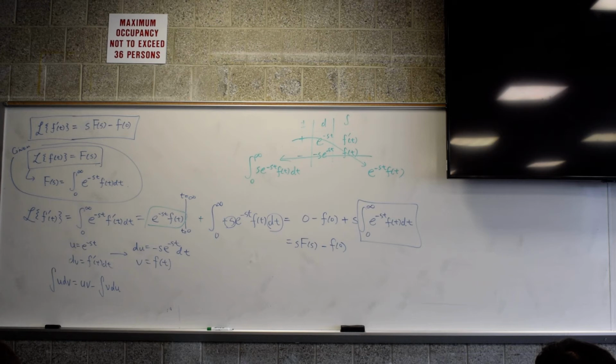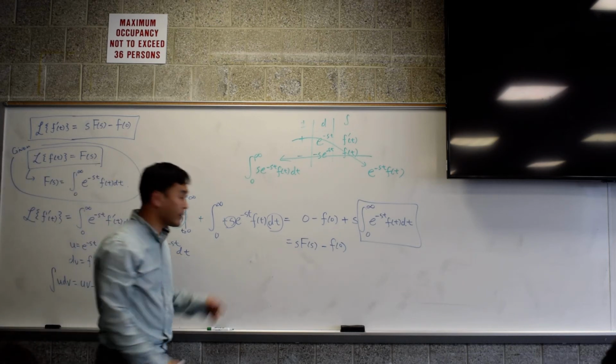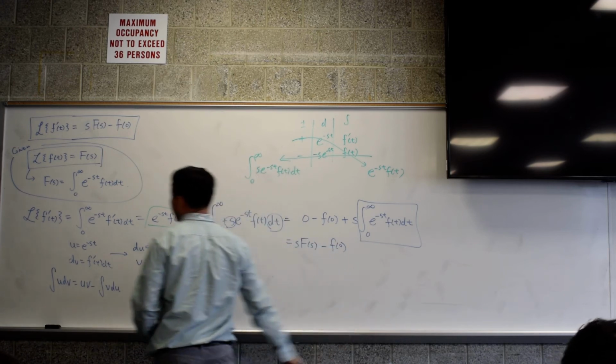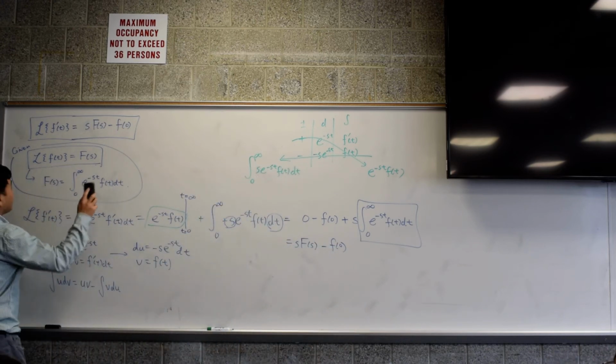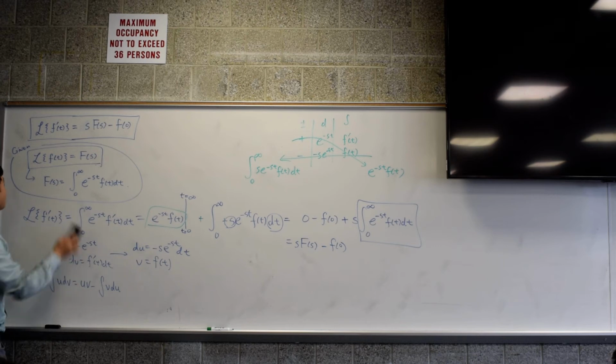And that's the proof. Do you have any questions? All right. And in fact, we're going to use this many, many times when we apply the Laplace transform to solve differential equations.